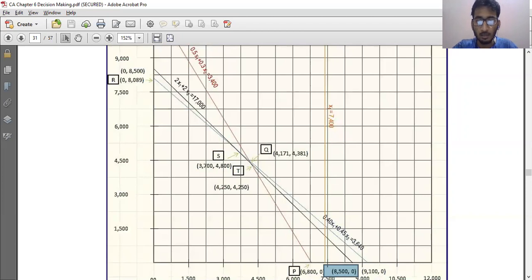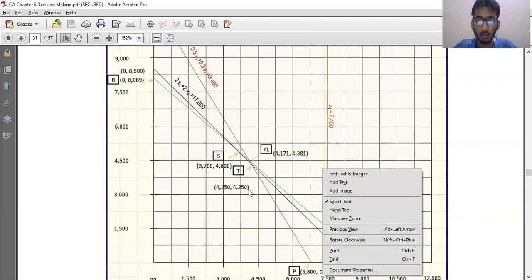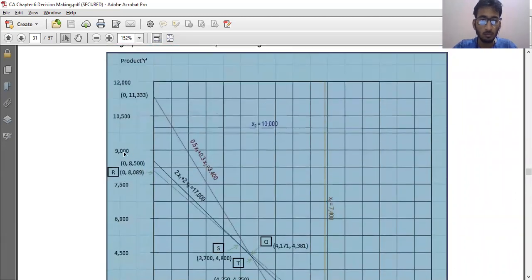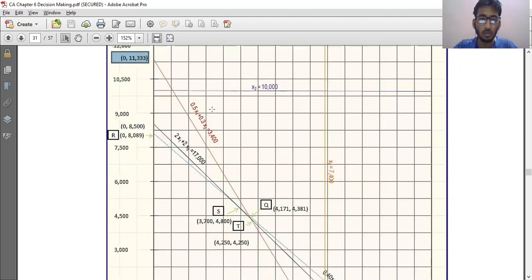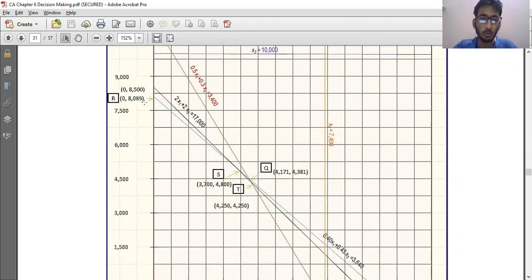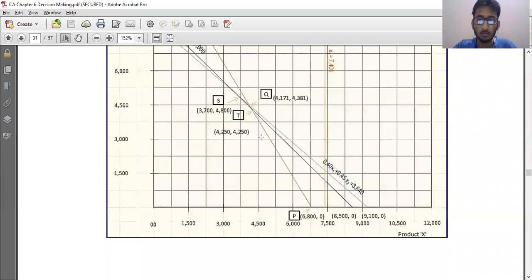The second line is 6800 and 0, and 11333 and 0. The third line is 0 and 8089, and 9100 and 0. So this is the third line.